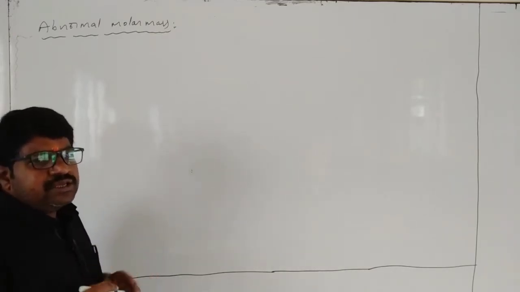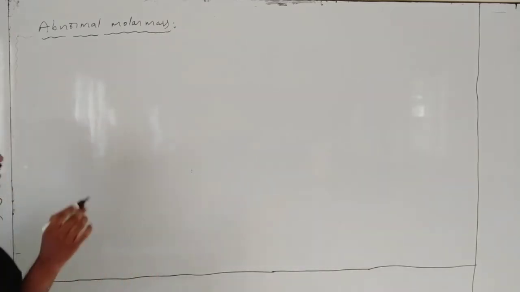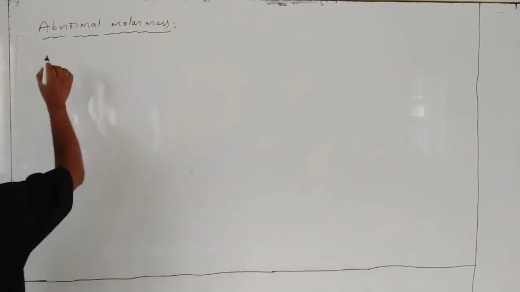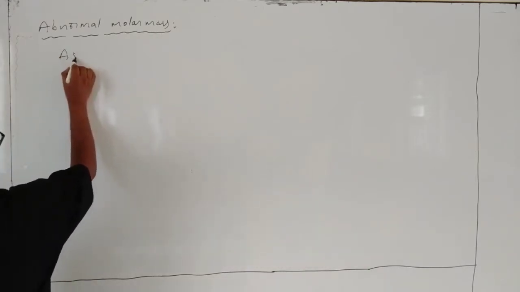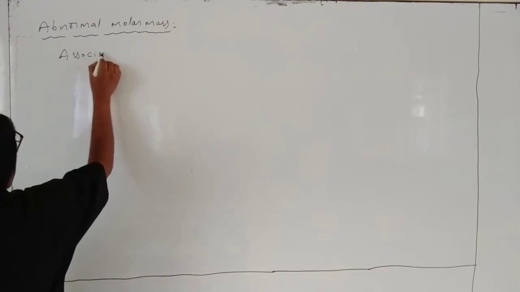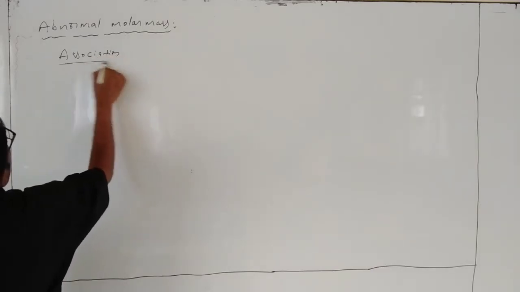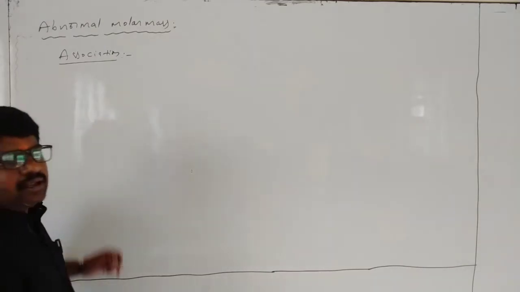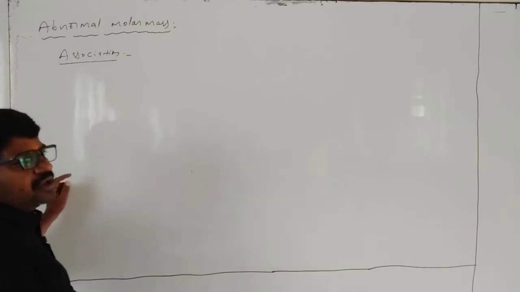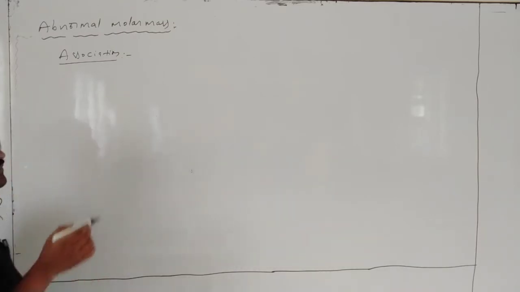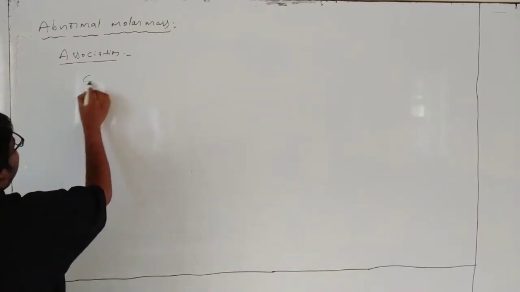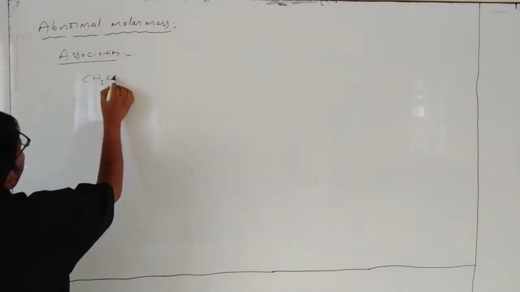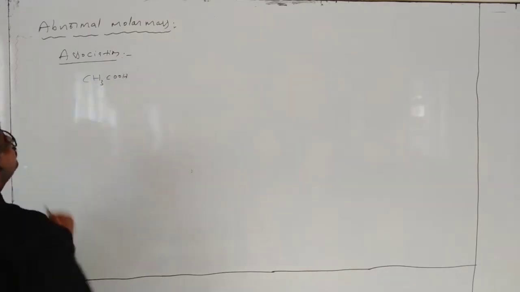So how does it change? For example, when molecules undergo association. Compounds like benzoic acid and acetic acid easily undergo association. Take acetic acid, CH3COOH.